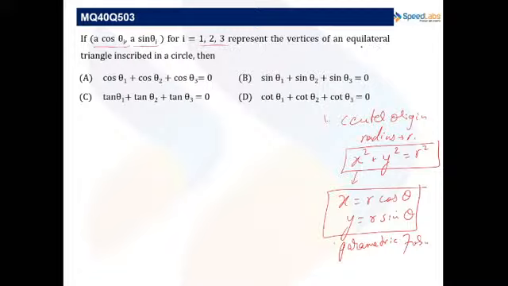2 and 3 represent the vertices of an equilateral triangle inscribed in a circle.